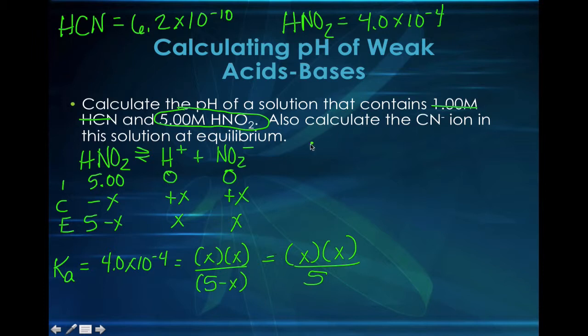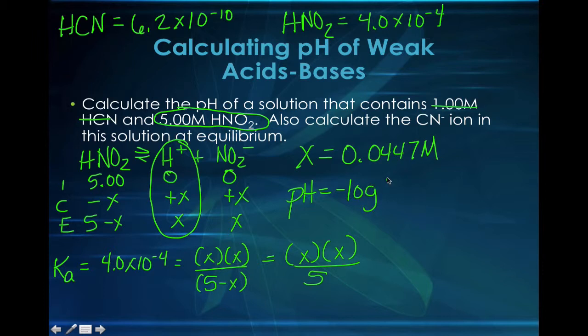When I plug all of that into the calculator and rearrange it, what I find is that x is equal to 0.0447 molar. Because x is 0.0447 molar, remember that is the H plus right here, so I can calculate pH, negative log of 0.0447.